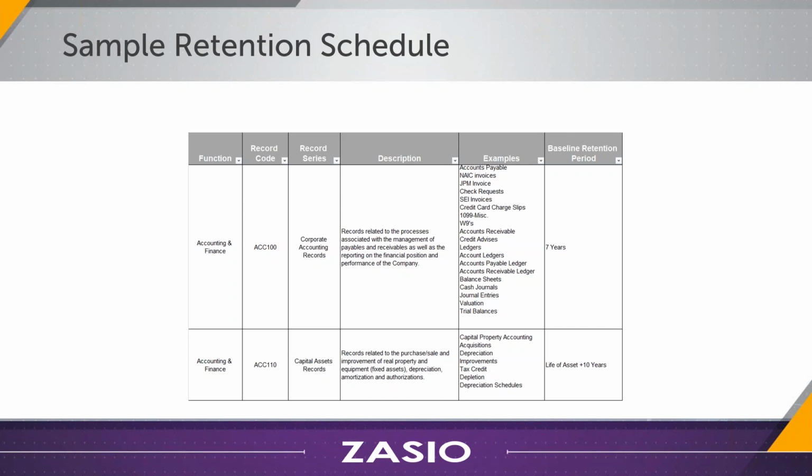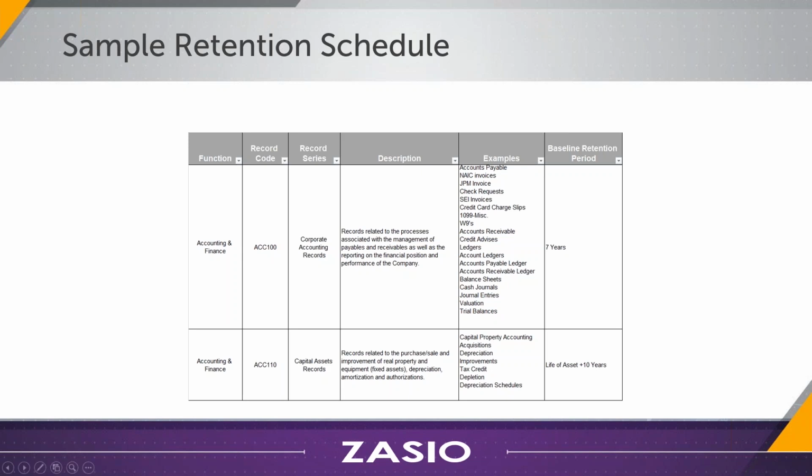Here, as you can see, we have our function, a record code, a record series, and some examples, along with a description. The function we're dealing with here is accounting and finance. The 2 record series are corporate accounting records and capital assets records, with record codes ACC 100 for corporate accounting and ACC 110 for capital assets.